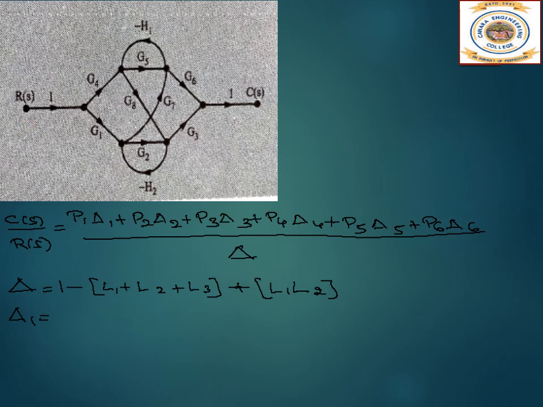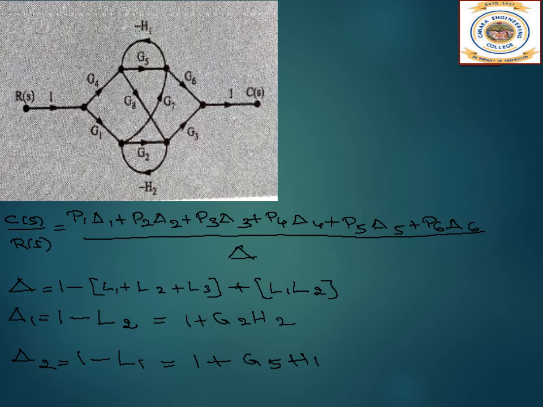So let us write that. So delta 1 will be 1 minus L2 and delta 2 will be 1 minus L1. So this is 1 plus G2 H2 and this is 1 plus G5 H1. So we have written delta 1 and delta 2.